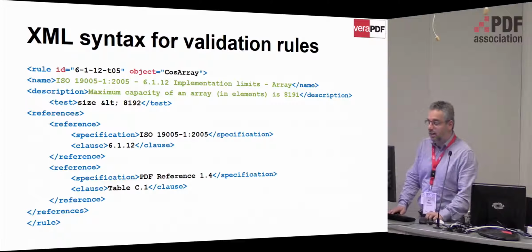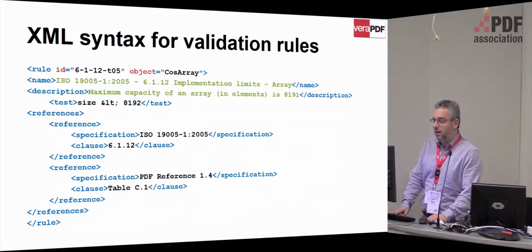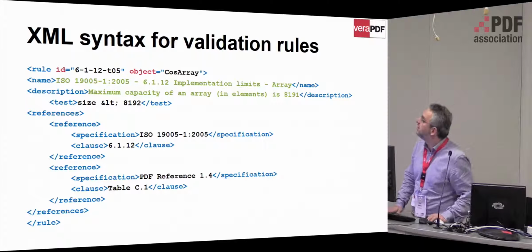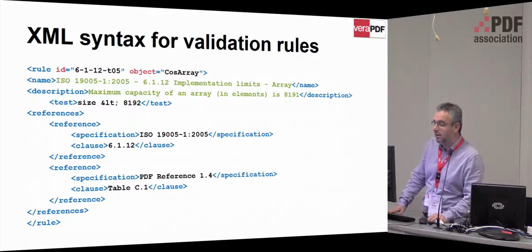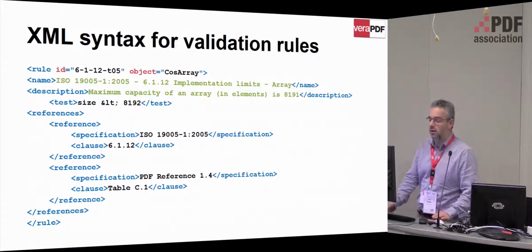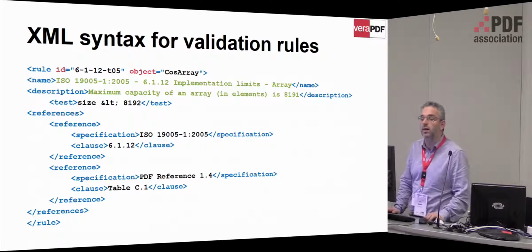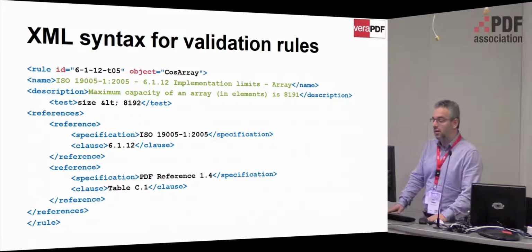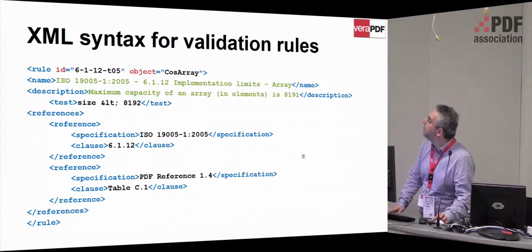The validation rules themselves contain test clauses, such as this one, that the size of the COS array has to be not more than 8,192 elements. And this comes exactly from the specification itself. You see this is an extract from the specification, and these are the normative references.